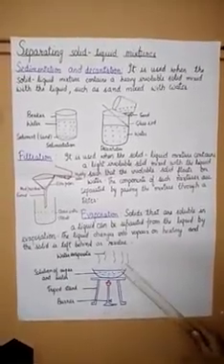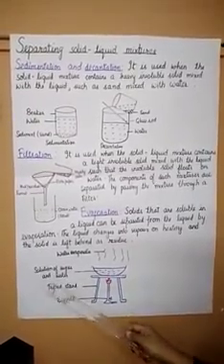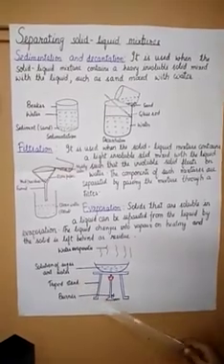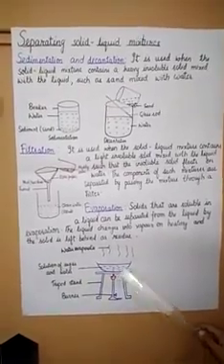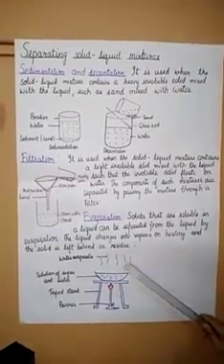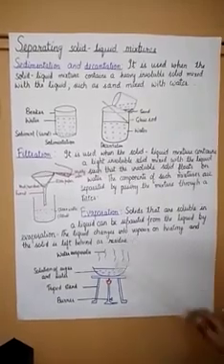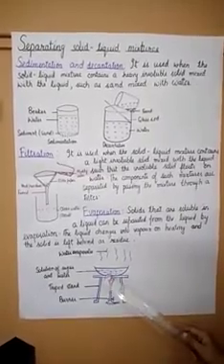Then we heat the mixture. In this dish, this is the solution of sugar and water. Now when we heat this solution, what happens? After heating, the water evaporates. And when all the water evaporates, the sugar is left behind in the dish.